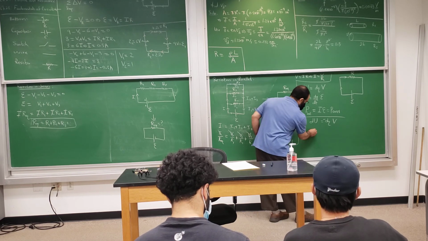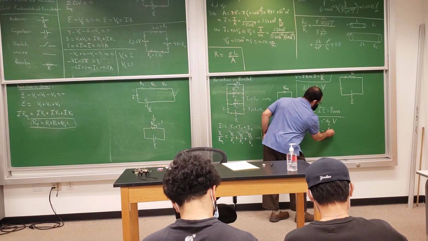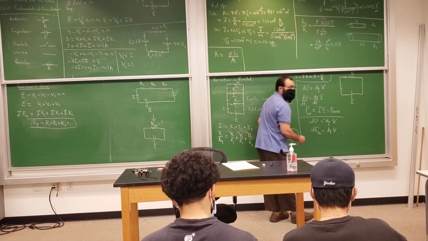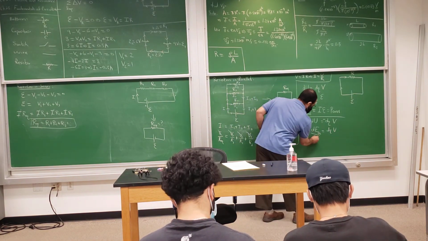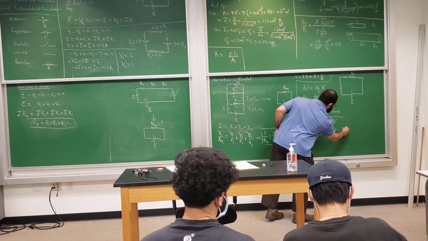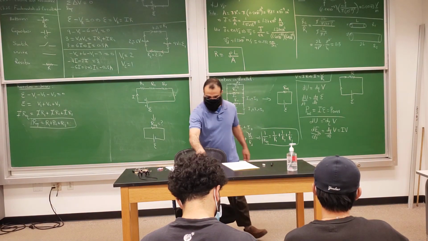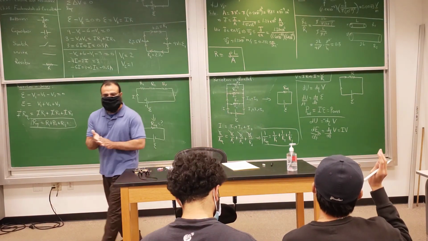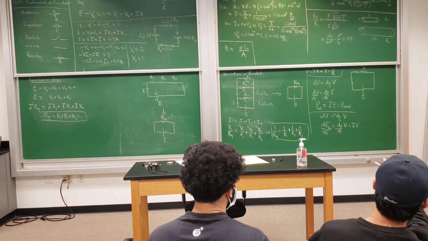So dE thermal will be dQ times V, and, sorry, let me just divide by dt, and it's equal to IV. I will continue this next time.